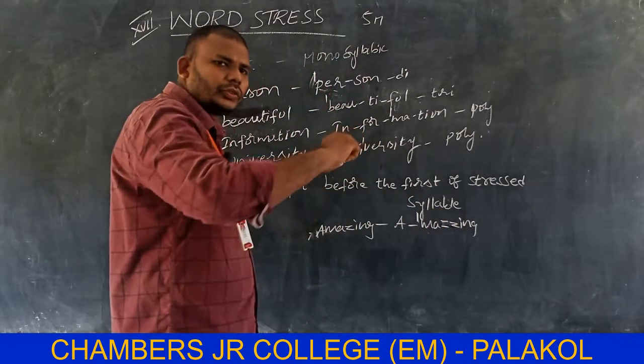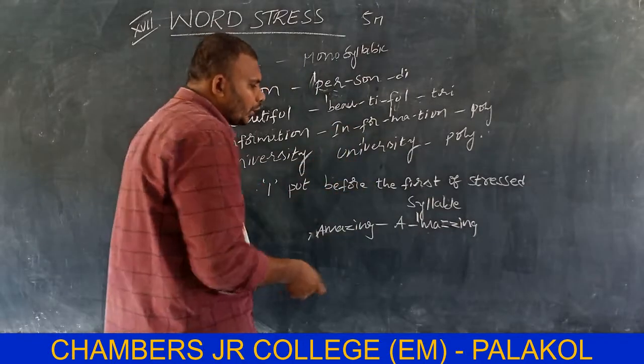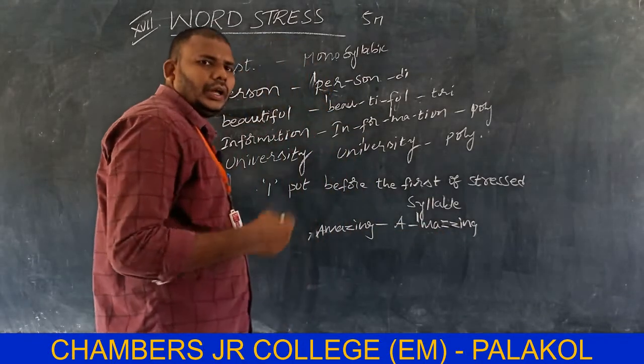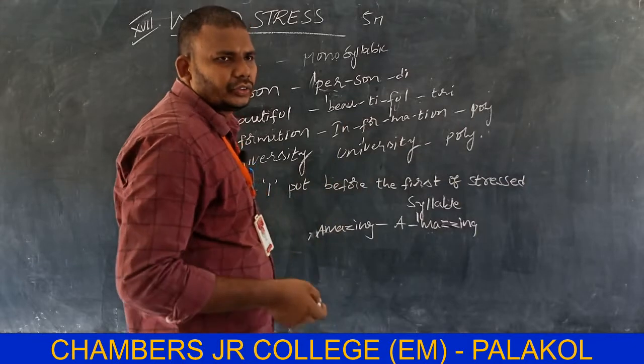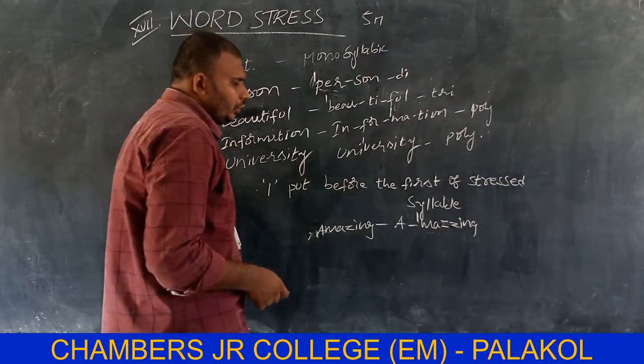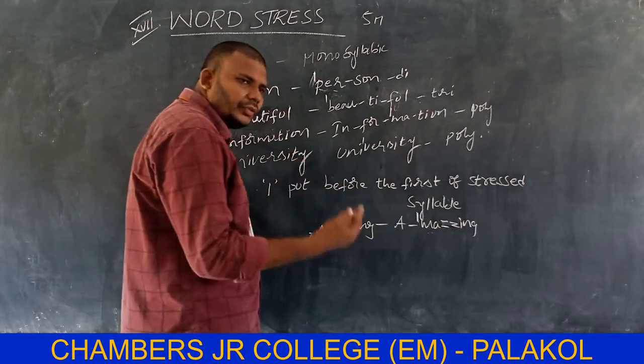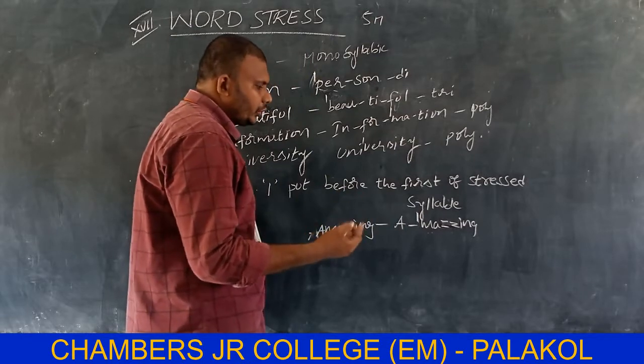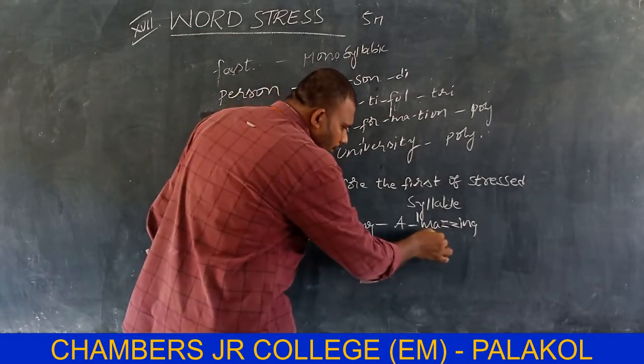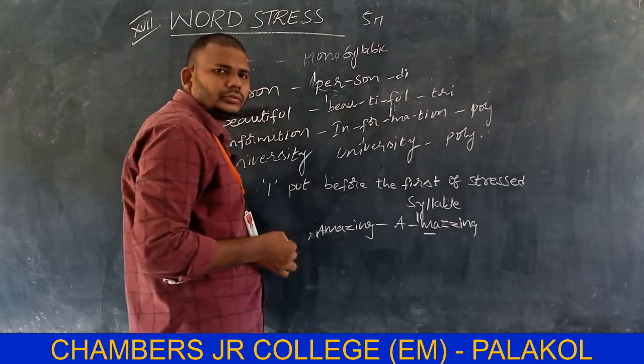Don't put commas or apostrophes and don't underline. They are the wrong way of identifying stress, because some students get confused and put an underline like this. No, it's the wrong way.